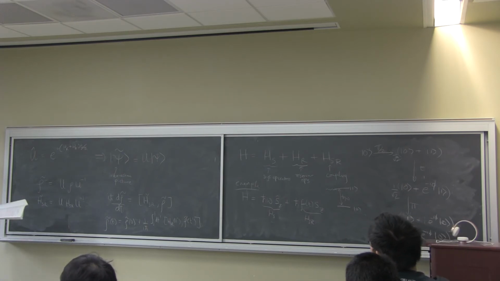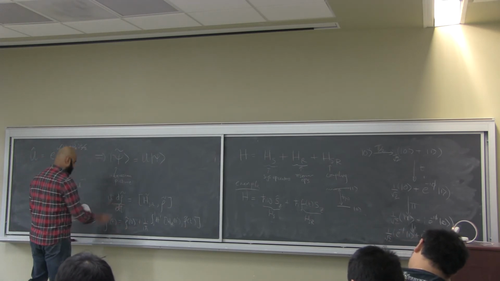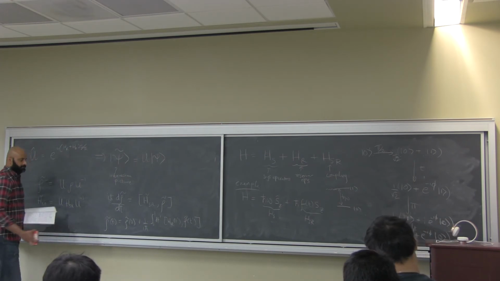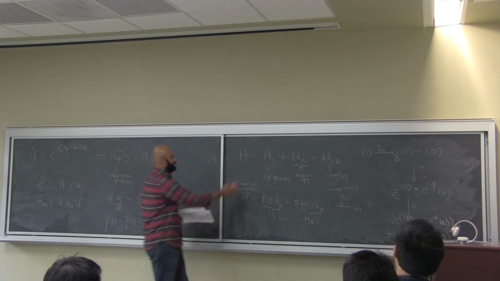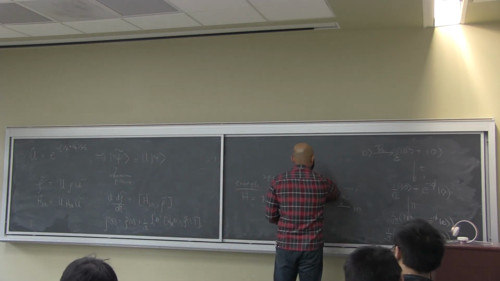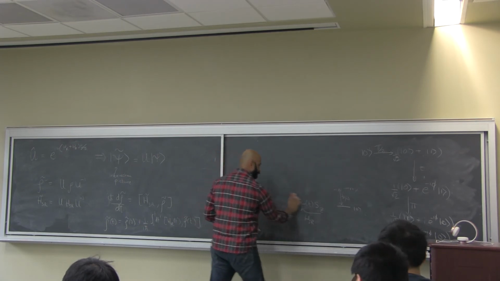When we see this kind of formal integration, we put this back in here and we want to find out what happens to the system's density matrix. Remember, we want to take the trace over all the reservoir variables, and that is what is given in your notes.